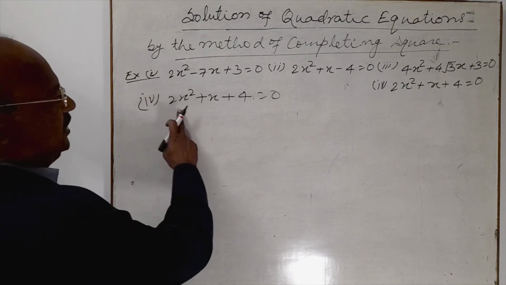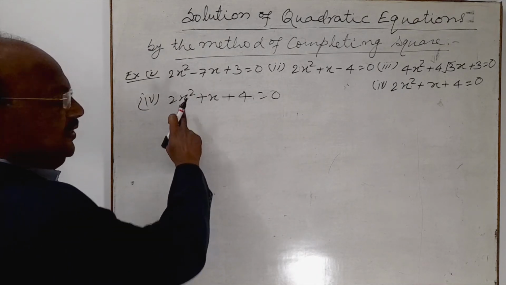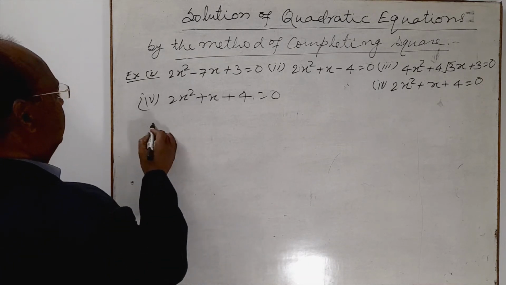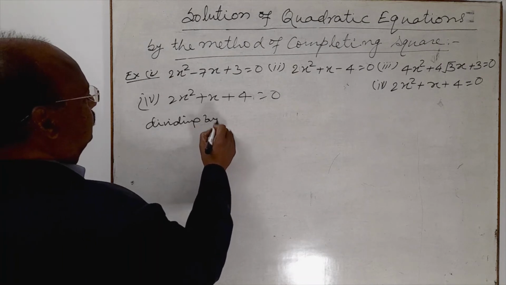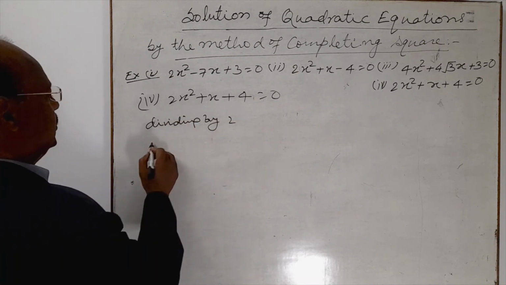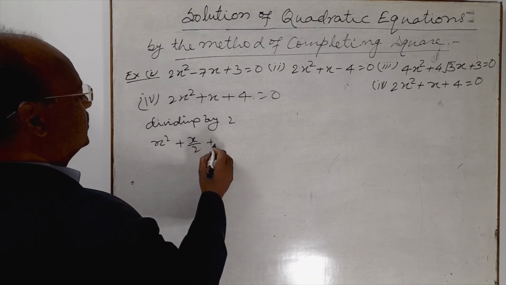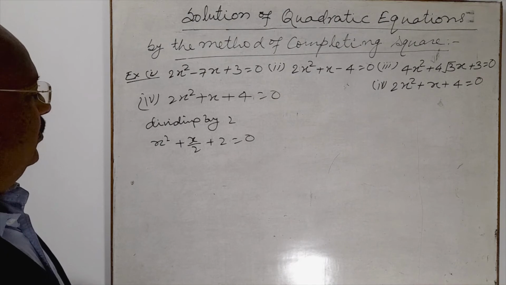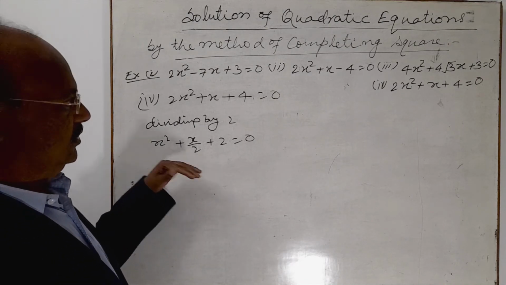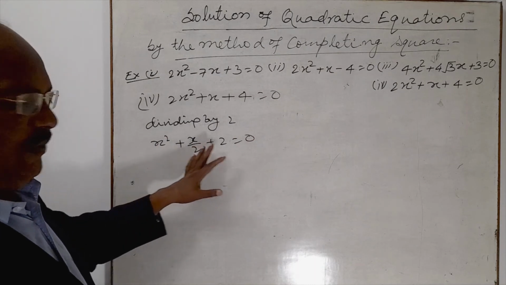So first of all, we'll divide throughout by 2, so that this first term will be a perfect square. So dividing by 2, we will get x square plus x by 2 plus 2 is equal to 0. Correct? Now we'll try to complete the square, a plus b whole square.